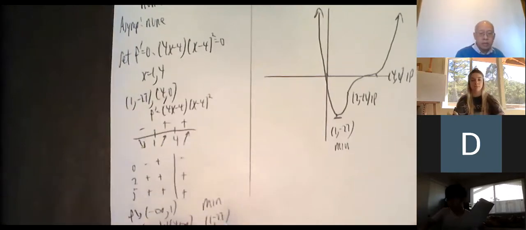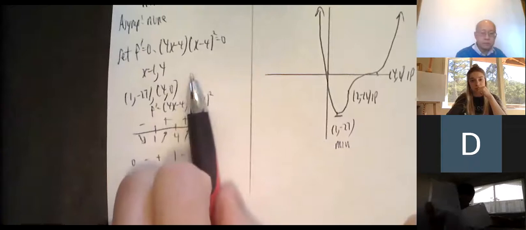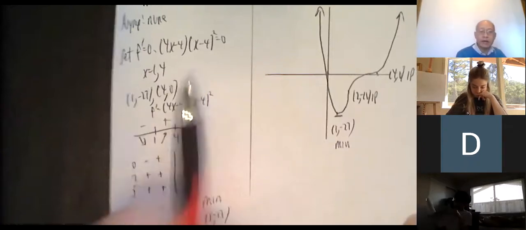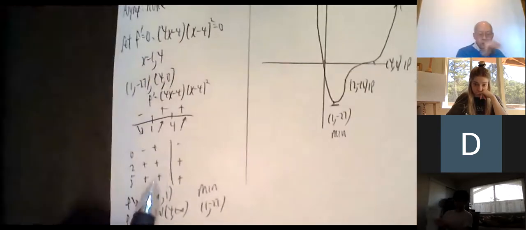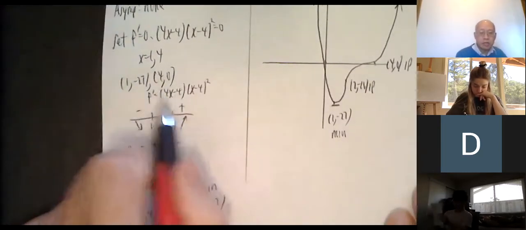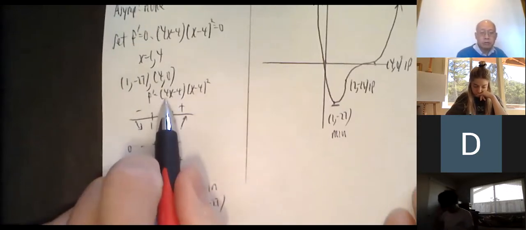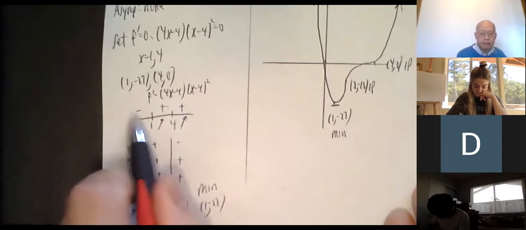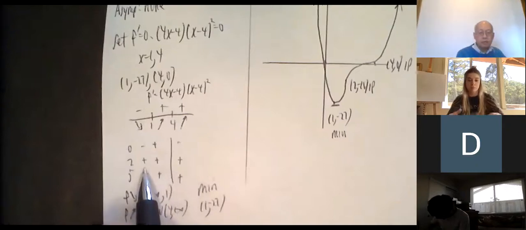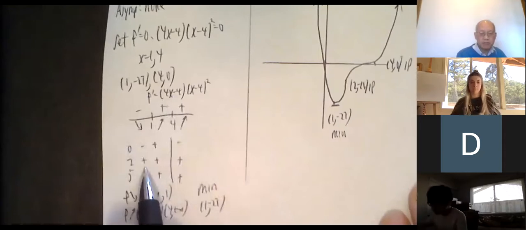Okay. And my sign chart's going to be fairly easy, actually, because I notice I have x minus 4 squared. It's blah, blah, blah squared, which means automatically positive, positive, positive, right? So the sign is completely determined by this, 4x minus 4. You plug in 0, 4 times 0 minus 4, negative. Negative times positive, negative. Plug in 2, 4 times 2 minus 4, positive.